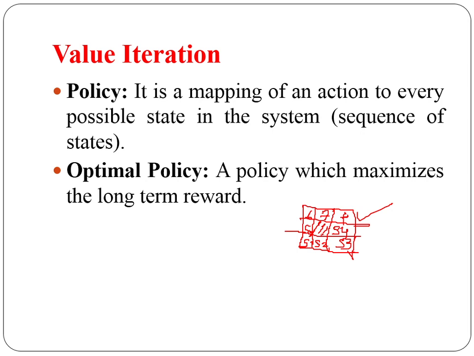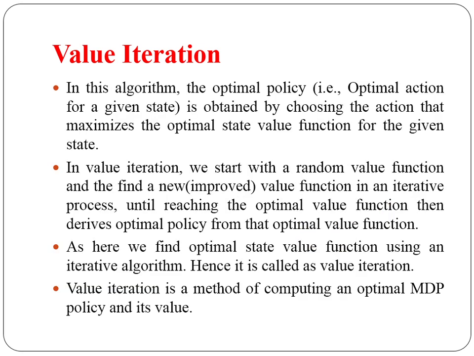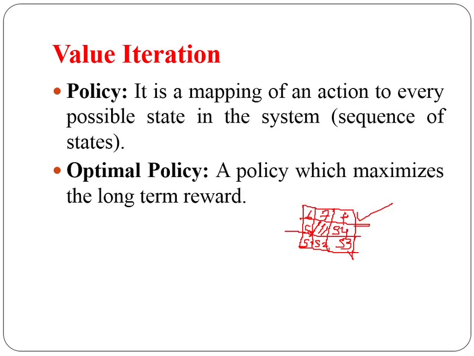This optimal policy needs to be calculated with the help of two algorithms. The first one, which we are doing now in this class, is value iteration. So in this algorithm, in order to get the optimal policy, from each state you have to perform the optimal action.